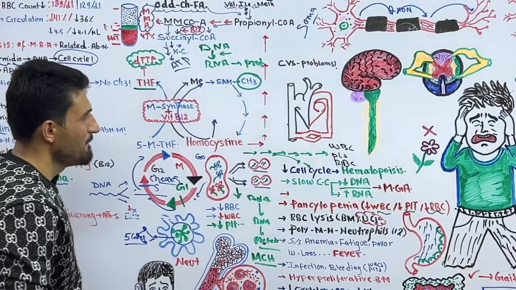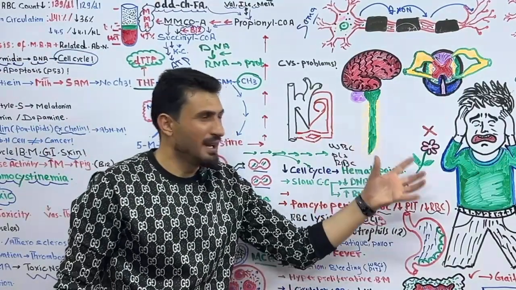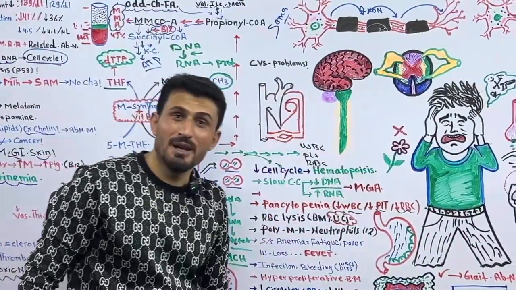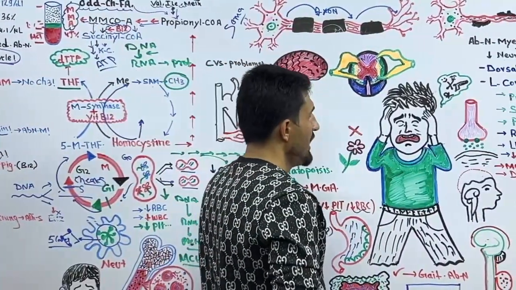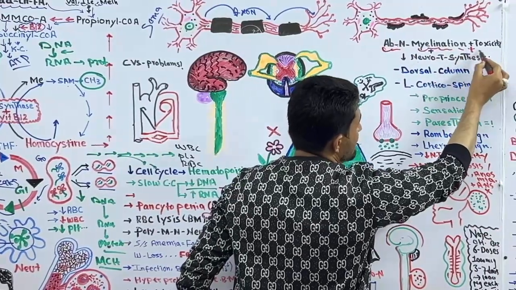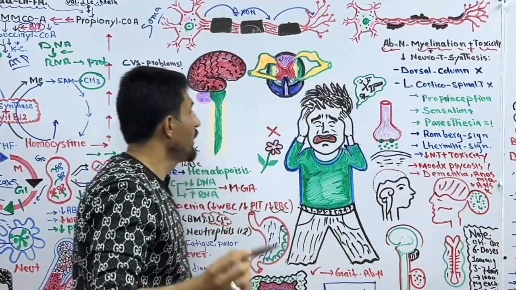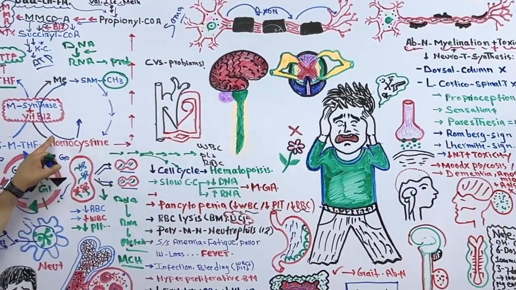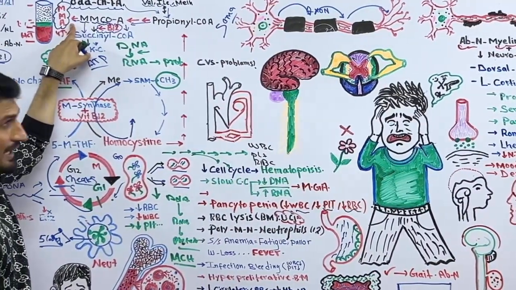Now let me explain the neurological complications of less vitamin B9 and less vitamin B12. Now come here, I'll talk about abnormal myelination plus toxicity of homocysteine, toxicity of, for example, methylmalonic acid.